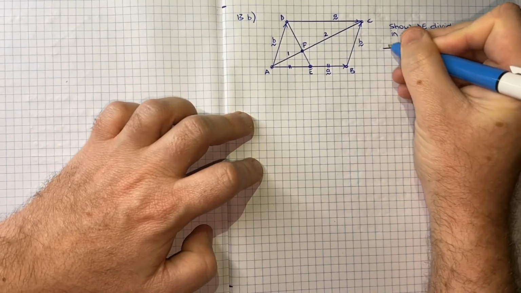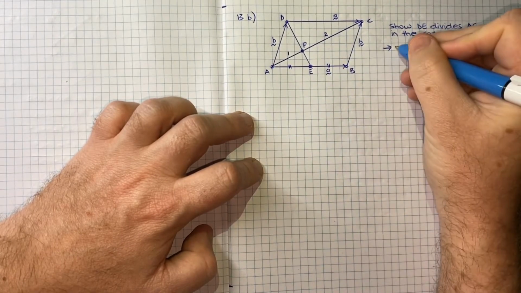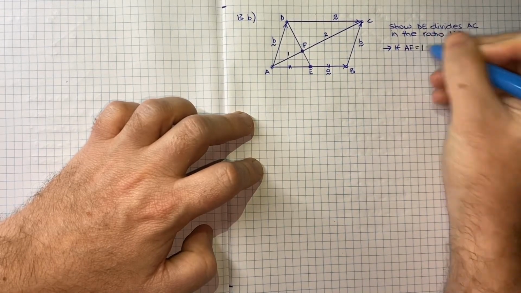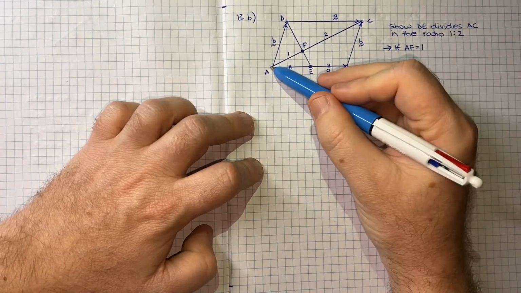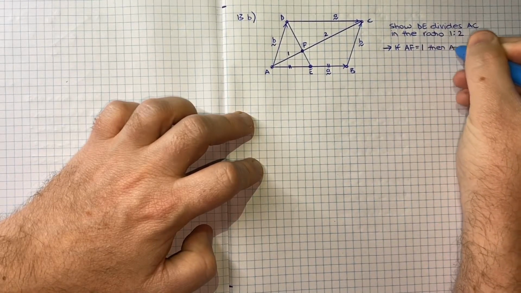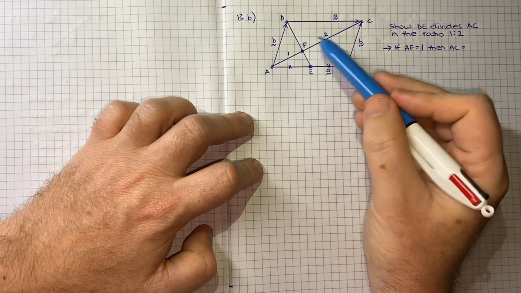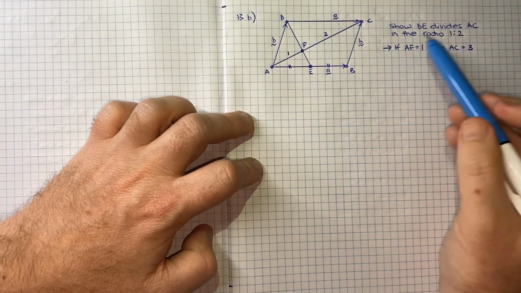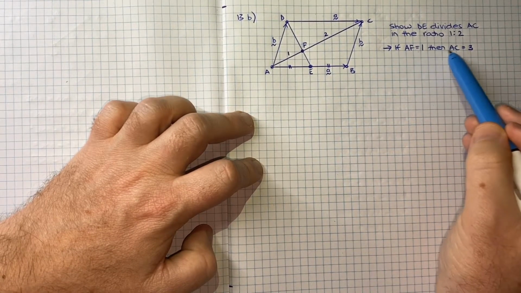One way to think about it is, if AF was equal to 1, then A all the way to C would be equal to 1 plus 2, which is 3. I think that's a slightly more helpful way to think about it.